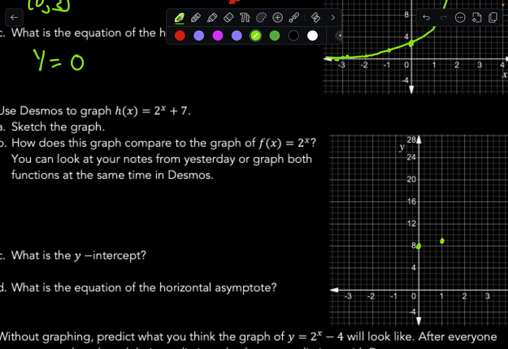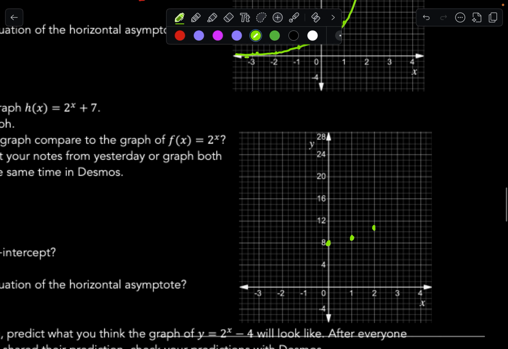So 8, 9, 10, 11. When x is 3, 2 to the third is 8, plus 7 is 15. And then when x is 4, 2 to the fourth is 16, plus 7 is 23.